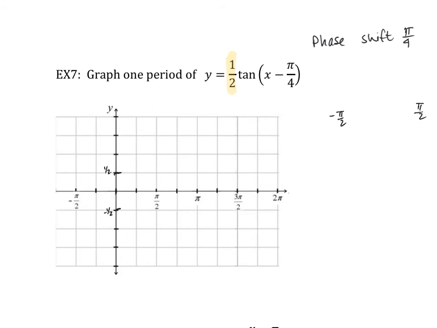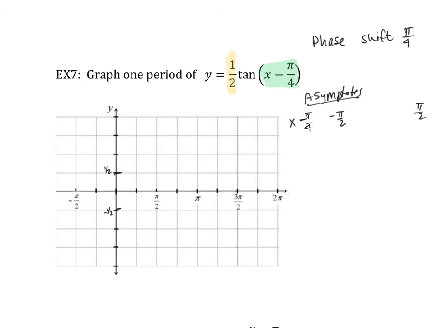For me, I just get really confused trying to draw these with our reciprocal function. So what I do is I just look at where the asymptotes are. Originally we have x equals -pi over 2 as an asymptote, but now it's not just x, it would be x minus pi over 4.